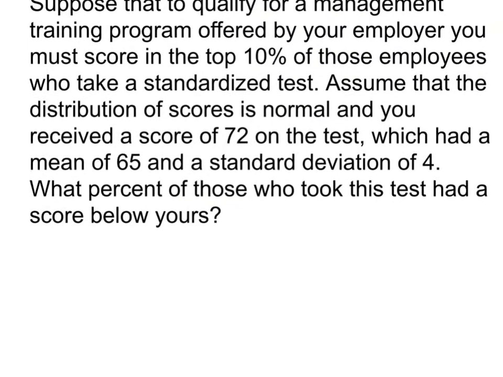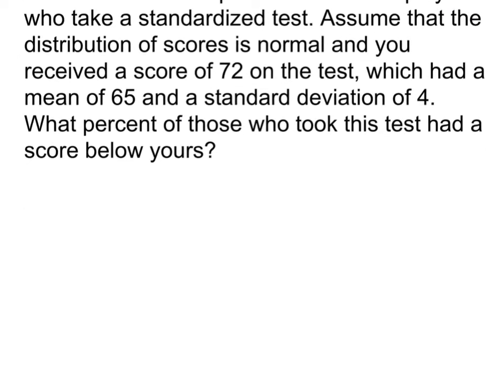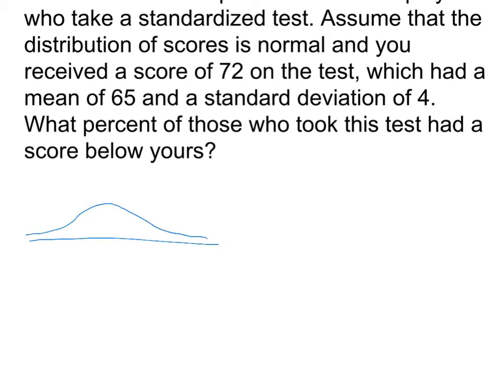What I want to do first is take a look at our normal distribution setup for this problem, and then we'll go through the steps to answer it. I'm going to draw my horizontal line here, and then my bell curve above it.